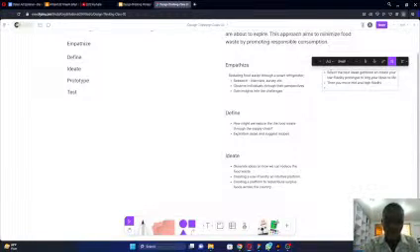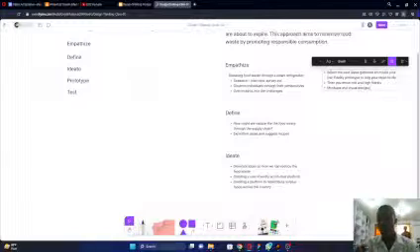So you come up with mock-ups on this stage, mock-ups and your visual designs.